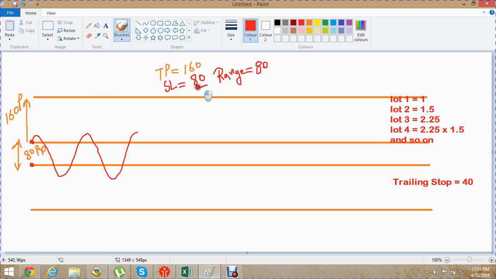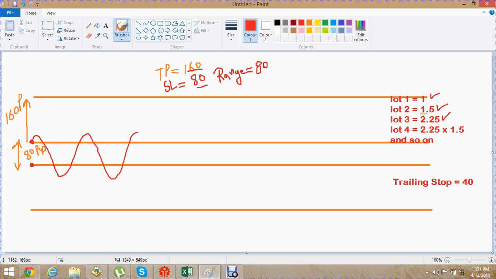The stop loss was 80 pips and the TP was 80 pips, and the lot was increasing very rapidly. The first lot in that strategy was 1, the second lot was 2, and the third lot was 4, and so on and so forth. But with this strategy we have increased our take profit to 160 pips.